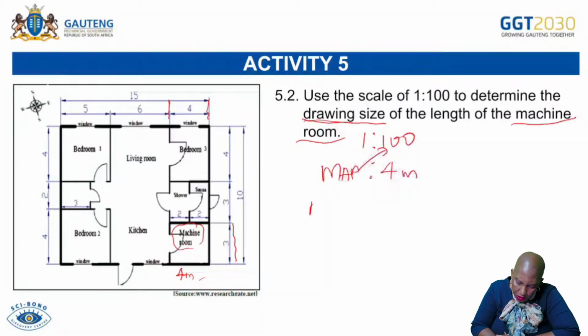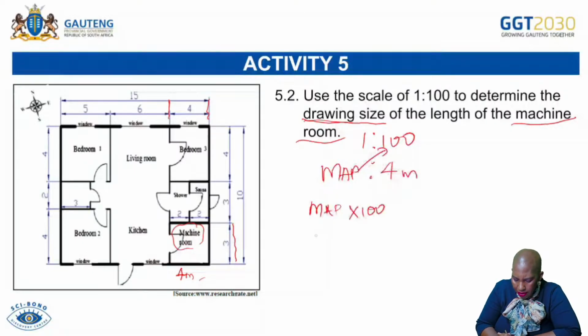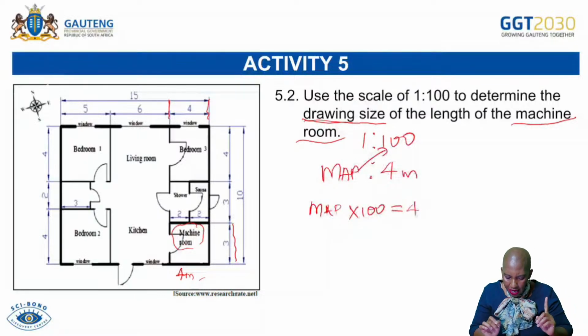So now let me quickly do it and say the map multiplied by 100 is equal to what now? For this 4 meters, I must work with the same units, and the unit I am looking for is centimeters.